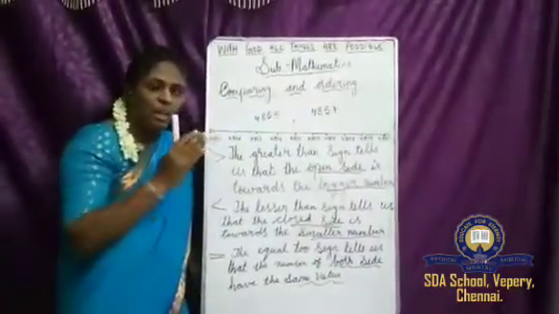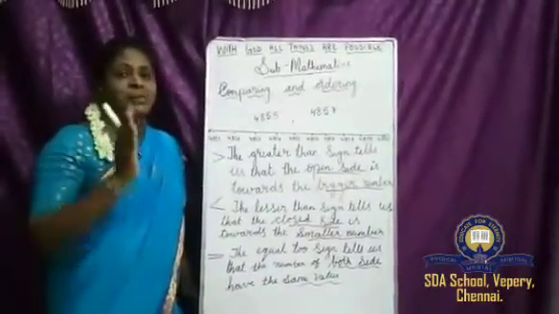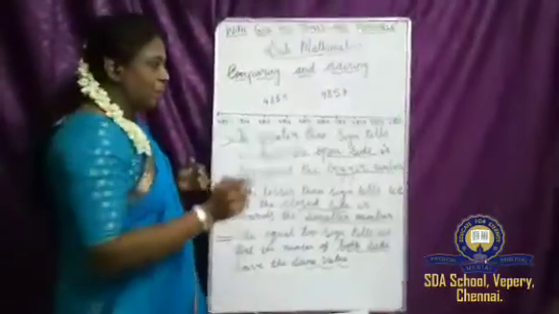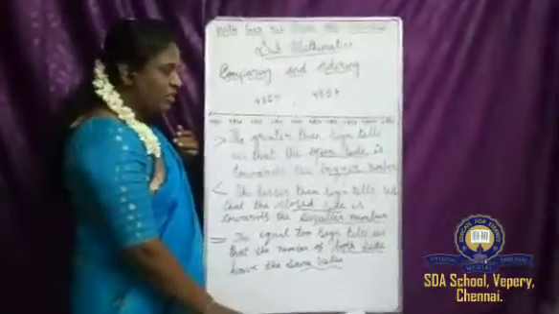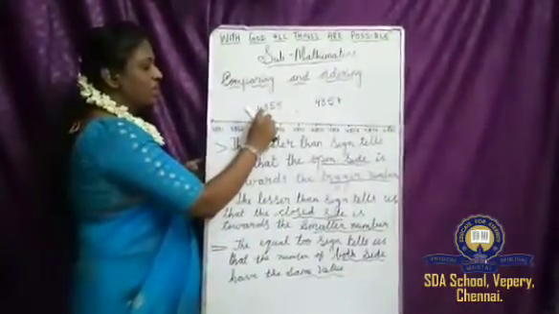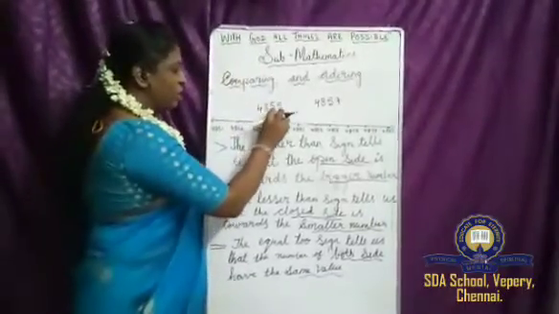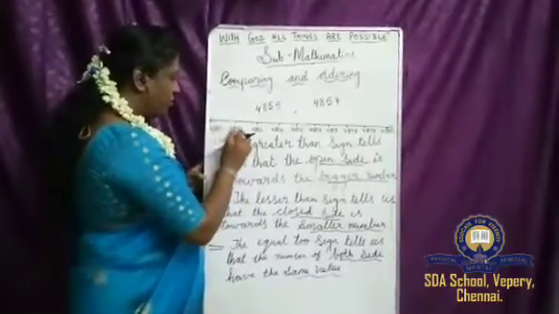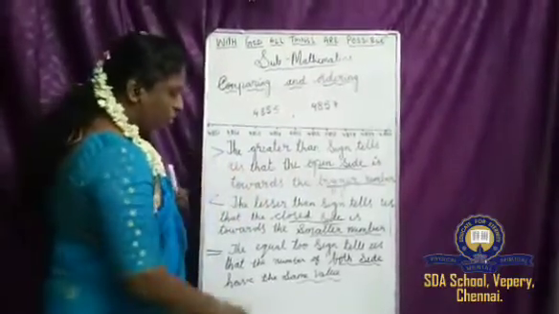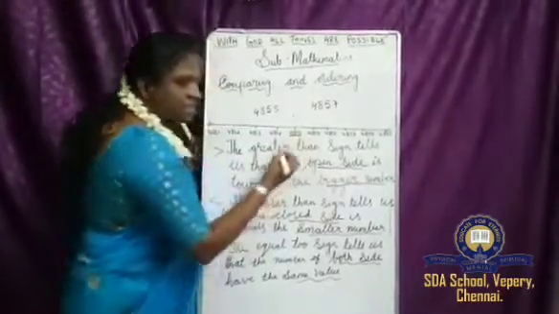A simple concept you have to understand, children: the number which comes later is the bigger number. So first we'll see which number comes later. We'll see where 4,855 comes. 51, 52, 53. Here 4,855 we are getting first, isn't it?